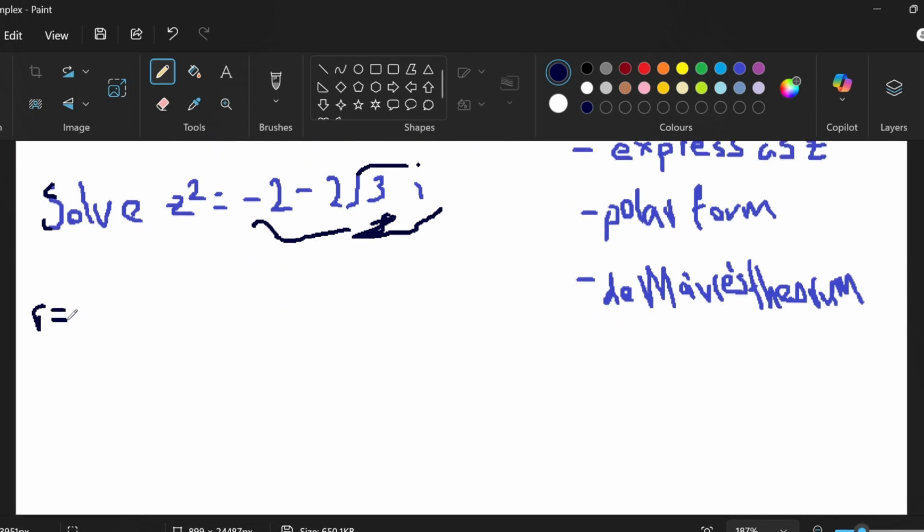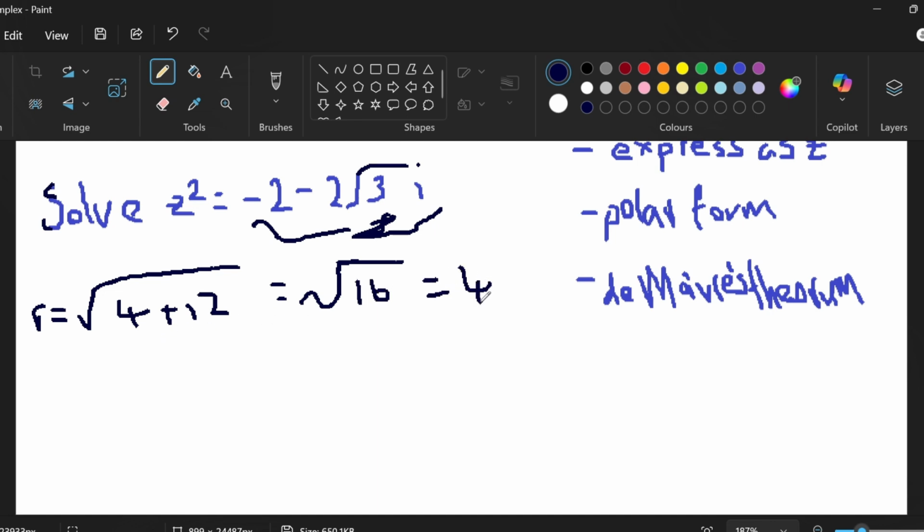My modulus squared is going to be minus 2 squared, which is 4, plus minus 2 times the square root of 3 squared, which is 4 times 3, which is 12. And my value for r here is going to be the square root of 4 plus 12, 16. I'm going to get 4.